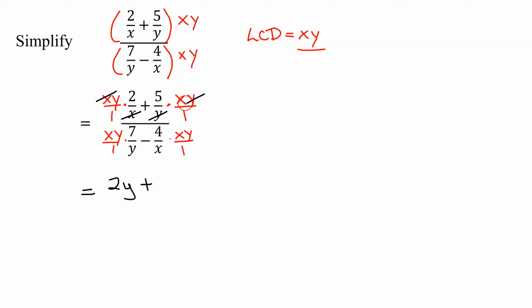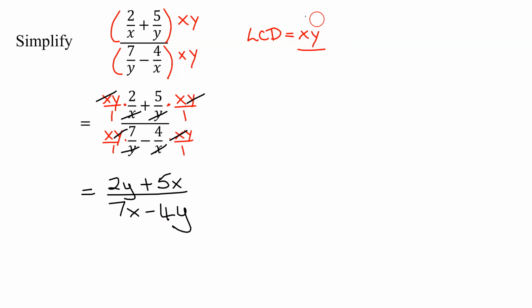I get 5 times x divided by 1, which is 5x. All divided by my first term in the denominator, the y's reduce. I get x times 7, or 7x divided by 1, which is just 7x, minus my last term in the denominator. My x's reduce. I get 4 times y.